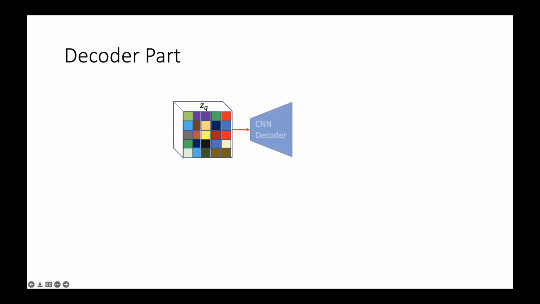So the decoder part gets the quantized version of the feature map and feeds it to the CNN decoder, which they name G of X, standing for the generator, and they get the reconstruction of that image, which they named X hat.